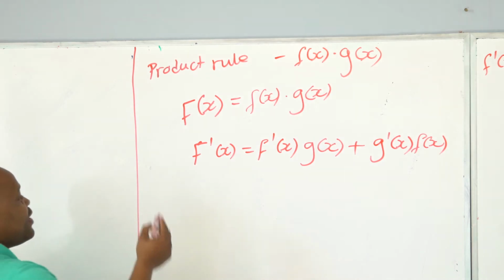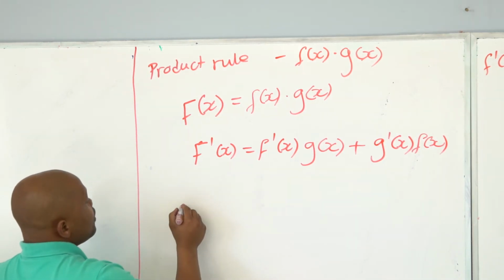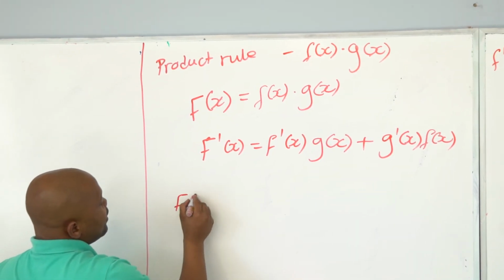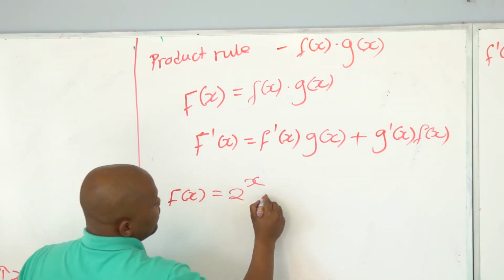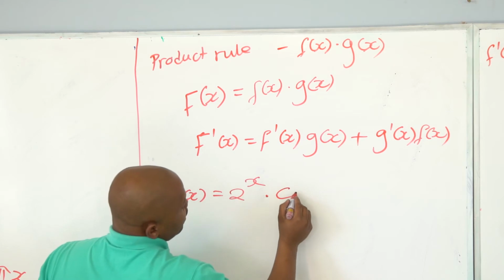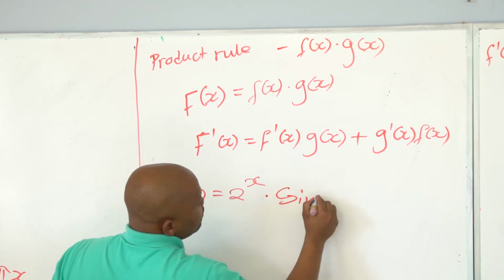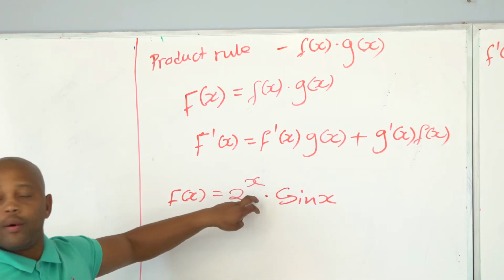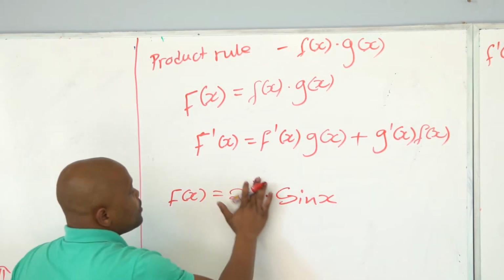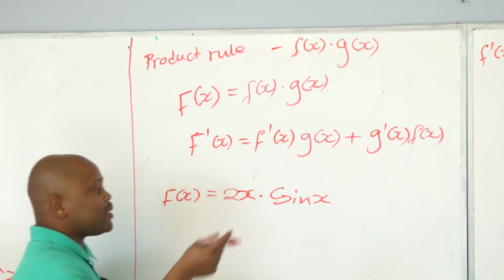Example, if you are given something like f(x) equals 2x multiplied by, let me just say, sine x. This is 2x, not 2 to the power of x. 2x multiplied by sine x.